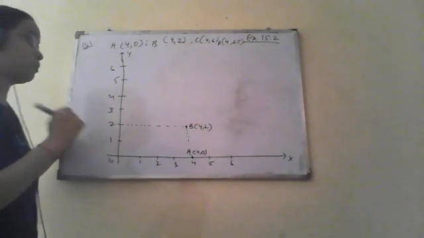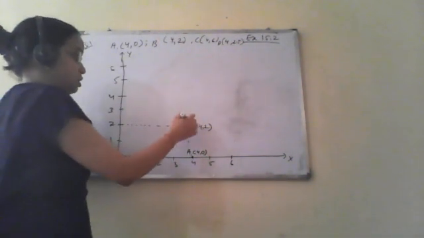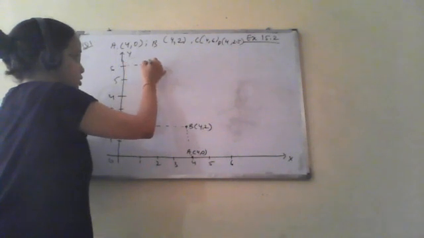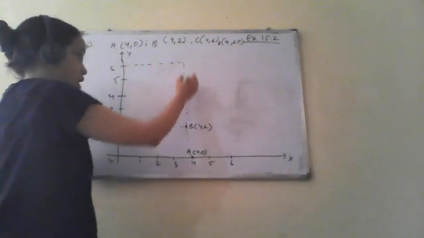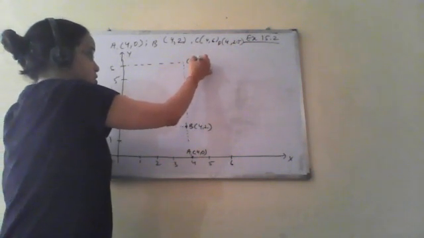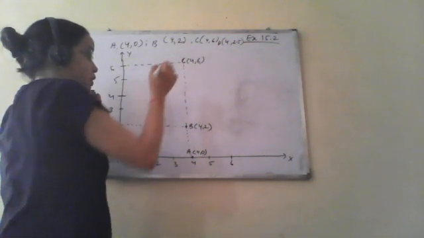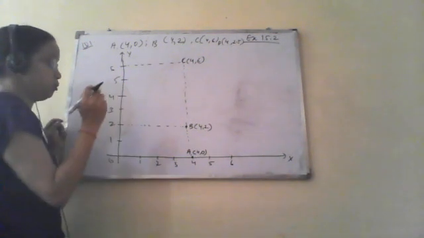Clear? Now point C is (4, 6), that means this is 6. So we will draw a line, and this will be (4, 6). This will be our C point. Now D is (4, 2.5).